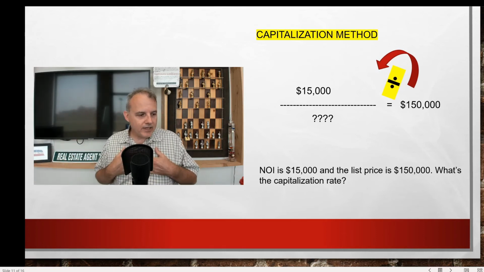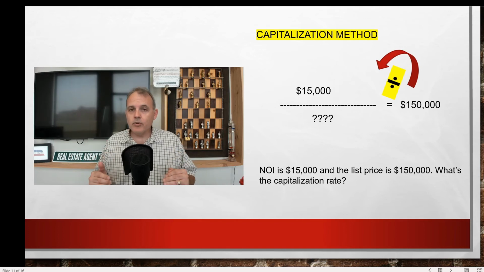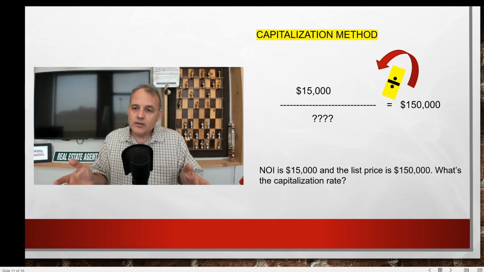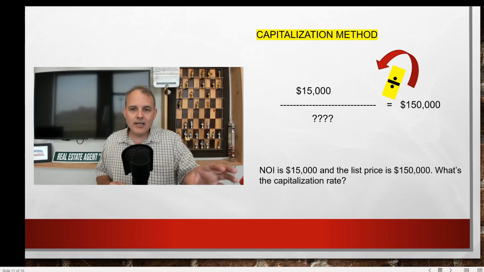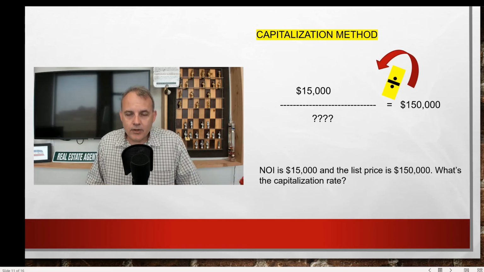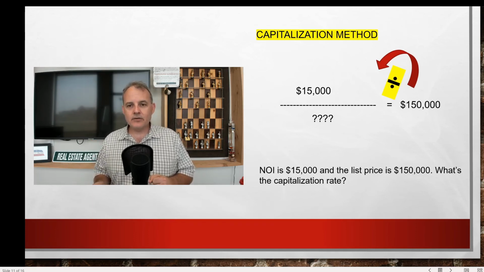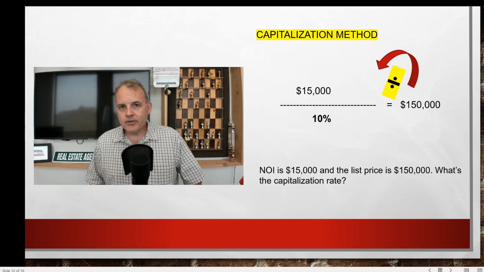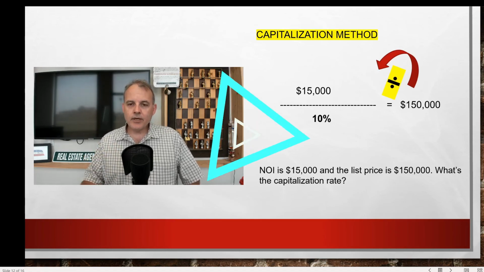But maybe I'm an investor that has a specific minimum on the cap rate that I do not want to go below. So I can take the information, I know the list price, I know what the historical NOI is, I divide those two numbers. So we take that $15,000 and we divide it by the $150,000 list price, and that should give us a 10% cap rate. That's, again, as long as you have 2 out of the 3.